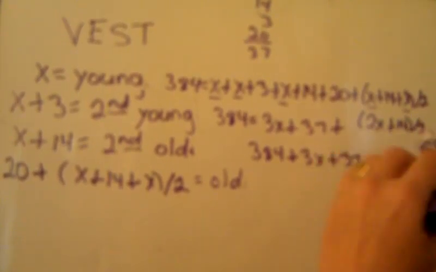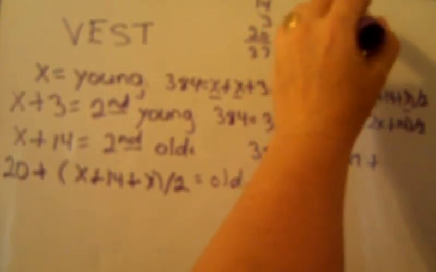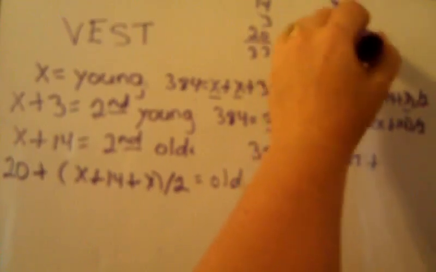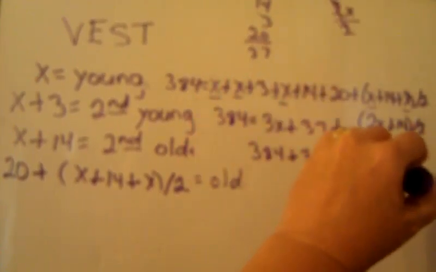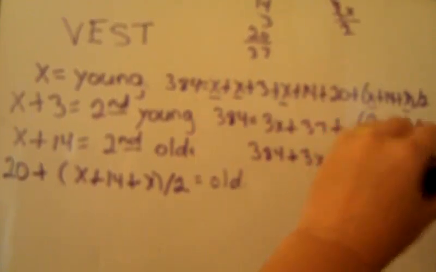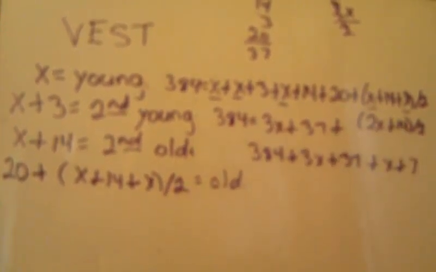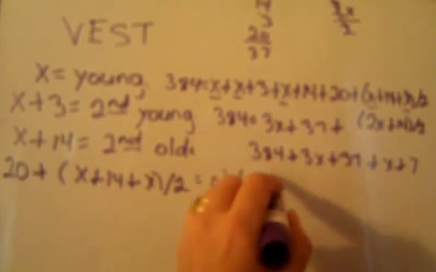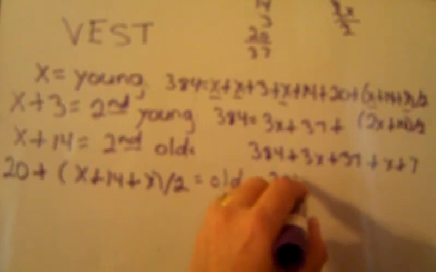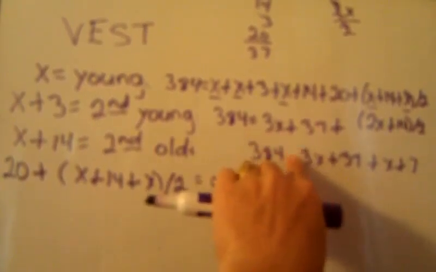What is 2X divided by 2? The 2's are going to cancel out and it's going to be plus X. What is 14 divided by 2? 14 divided by 2 is 7. Now I can add these. I still have 384 on this side.